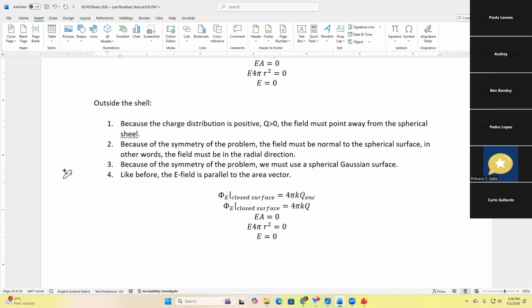Okay? It's parallel to the area vector. And now we can finish writing down the problem.